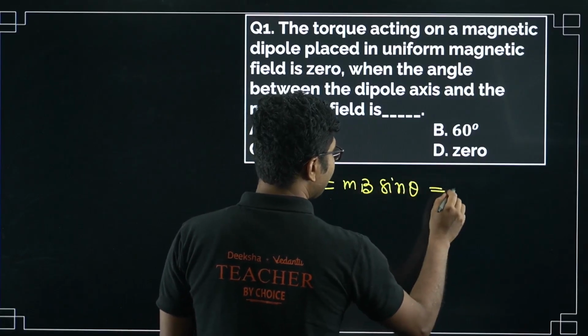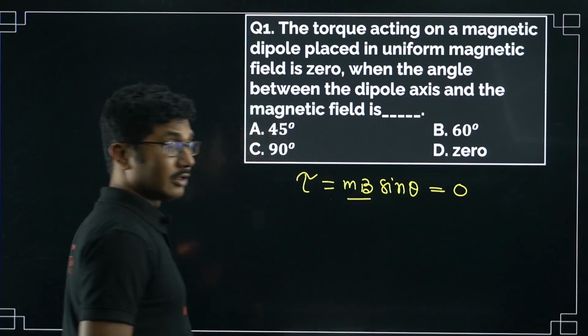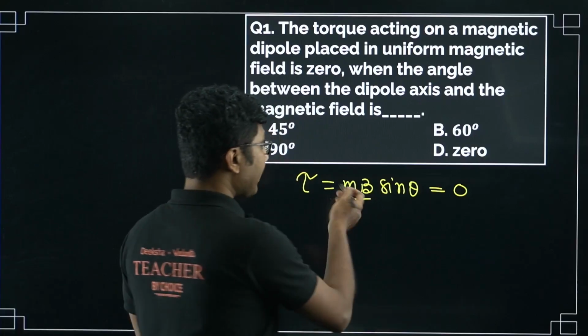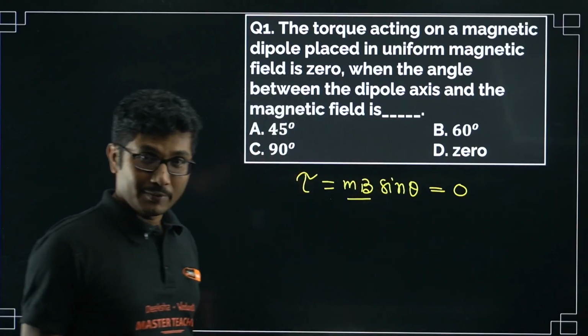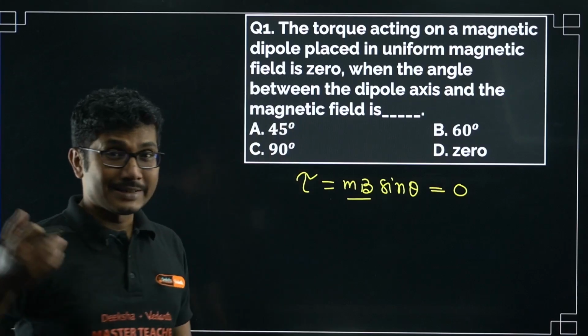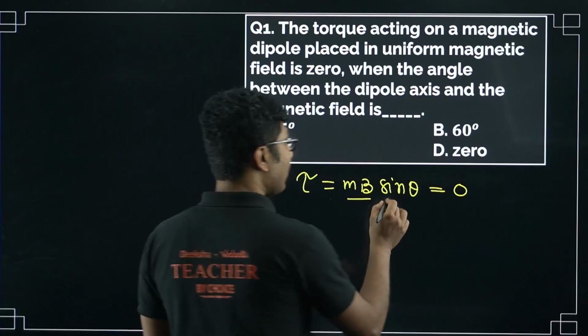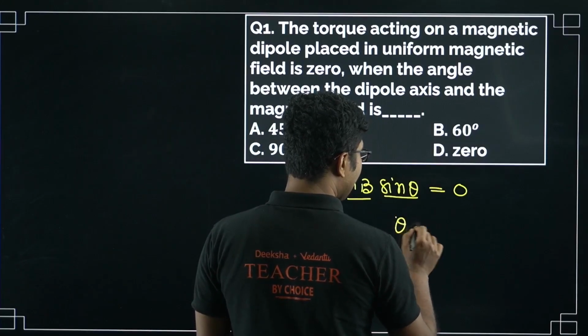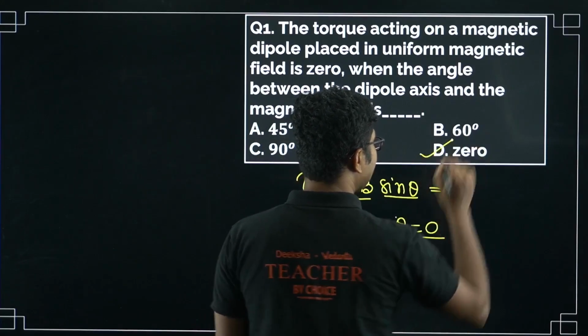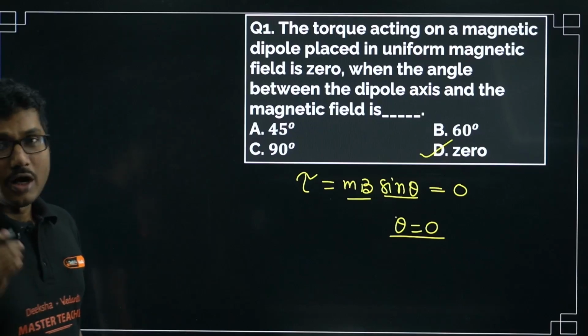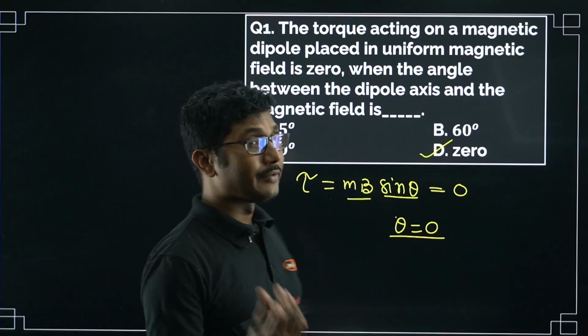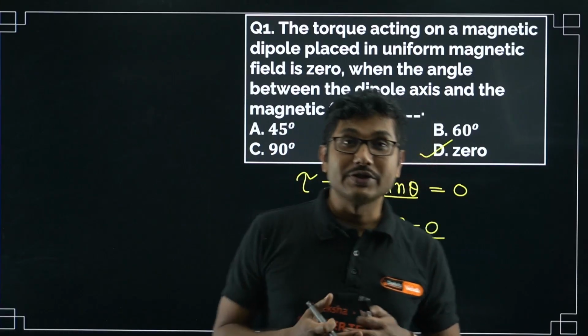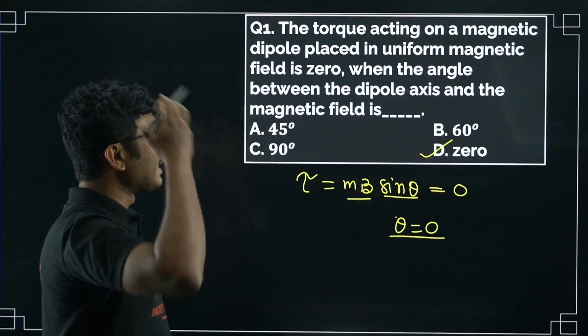If this is 0, and m and B are both not 0, since it is a magnetic dipole, obviously the dipole moment is not 0, and it is placed in a magnetic field, so definitely the only way it can be 0 is if sine theta is 0, that is theta equals 0. So if the angle between them is 0, that is, they are parallel to each other, then the torque acting on it will be 0.